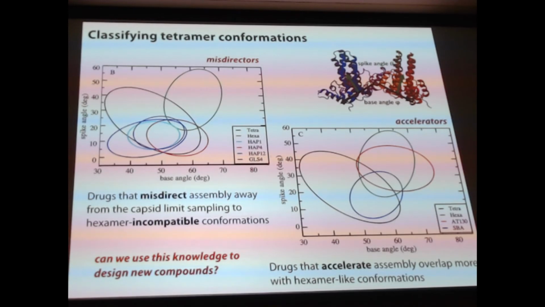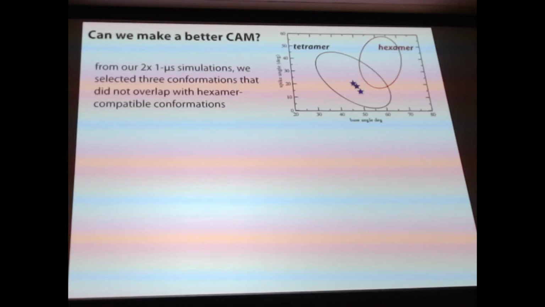So now we want to say, can we use this way of classifying the conformational dynamics of the capsid protein in order to design completely novel drugs? From our 2 times 1 microsecond simulations of the free tetramer, we picked a few states that fall away from the hexamer and somewhere in the center of the tetramer-like states.